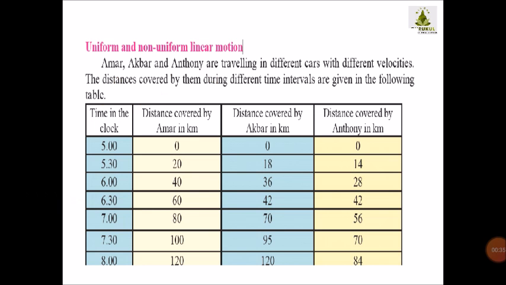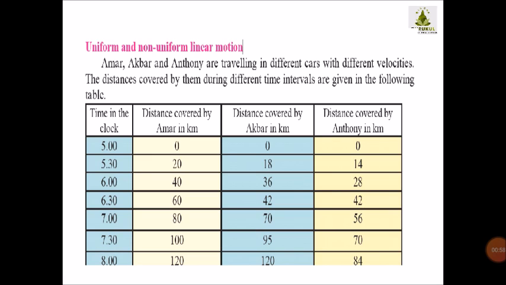Now, first of all, just to understand the concept, see children, this table is given in your textbook also. We are going to study uniform and non-uniform linear motion. This chart shows three people traveling, Amar, Akbar and Anthony, in different cars with different velocities.